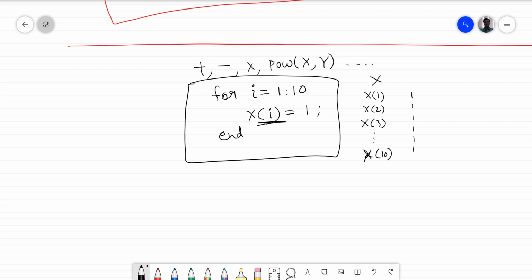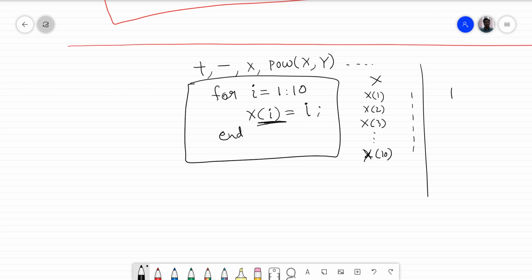If you want to do something more complex, you can say x(i) equal to i, and then what it will do is it will create an array with the first element as 1 because x1 is equal to 1. The second element x2 will be equal to 2.